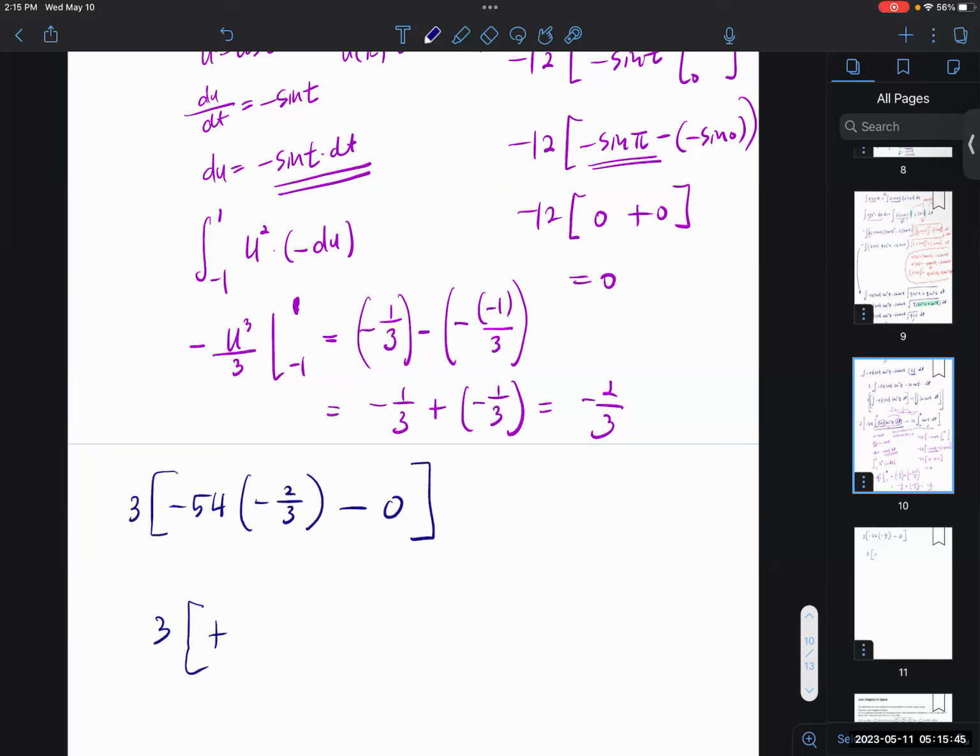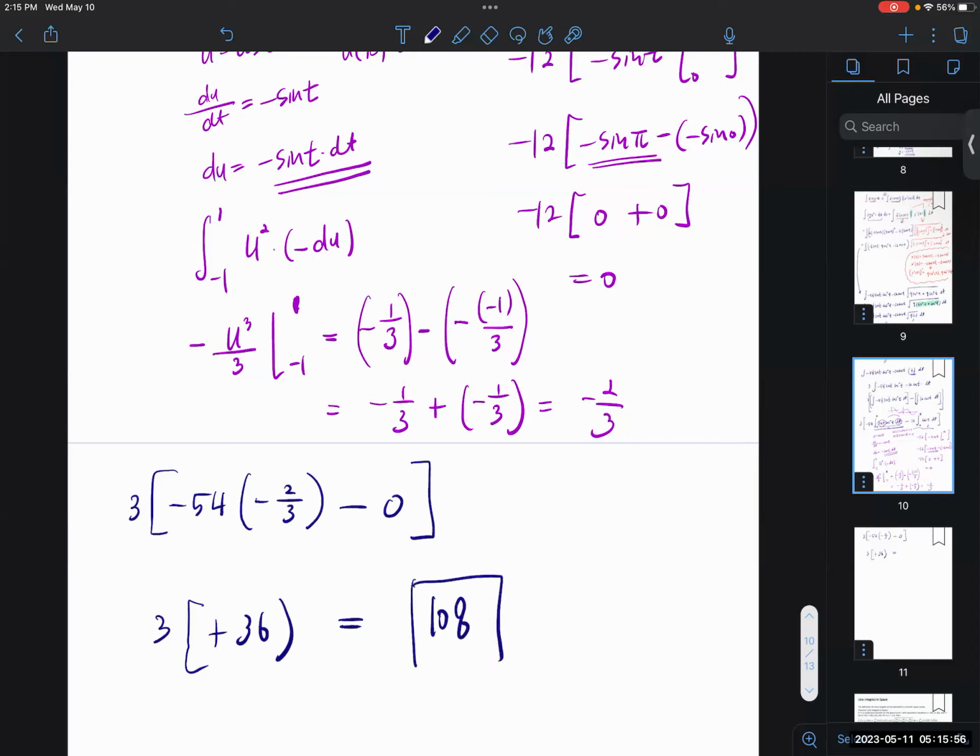What is it? 18 times 2, I got 36. So therefore, it is going to be 108. But I got negative 36. And on my side it is 2 over 3, not negative 2 over 3.